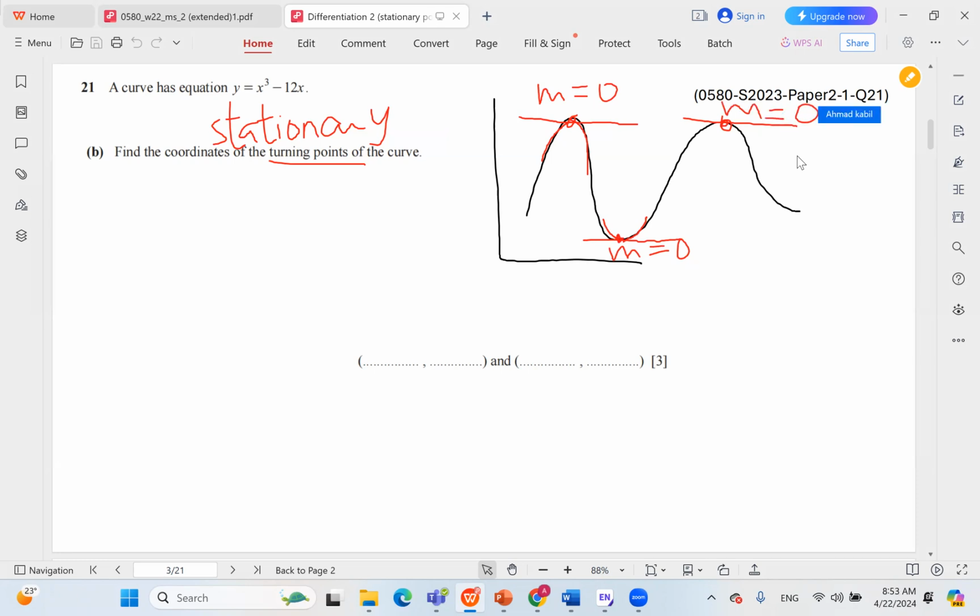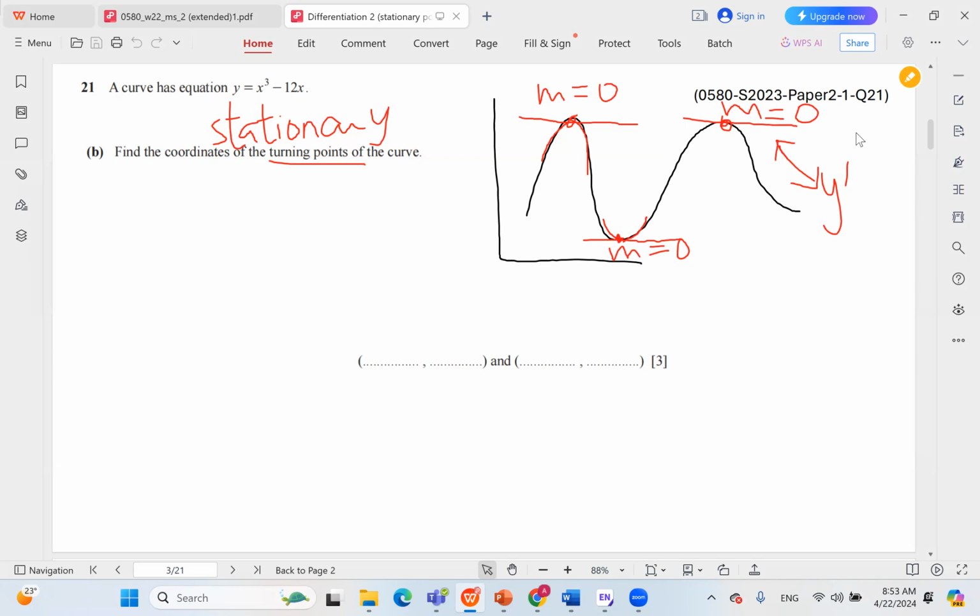And in the previous video, we said that y dash is equivalent to m. Y dash is an expression for the gradient, and if we substitute x for a particular value, we get m, which is the gradient at this point. So in order to get m, we always need to get y dash first.